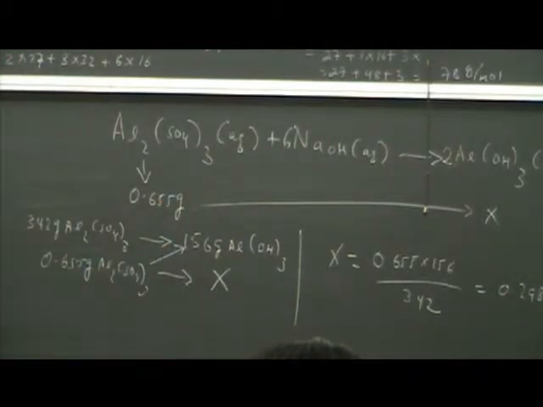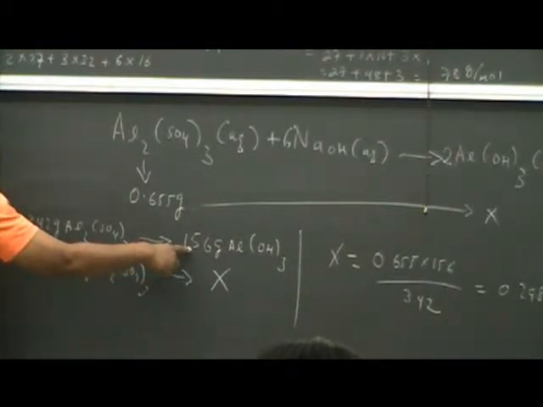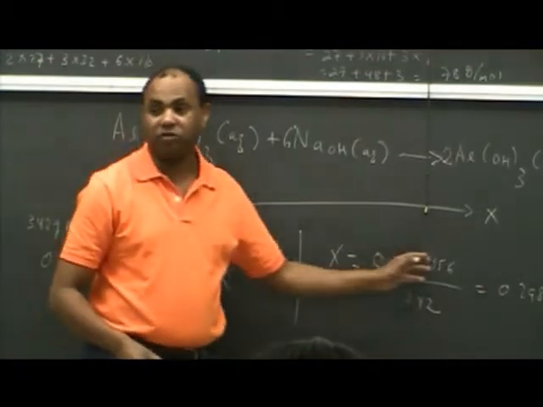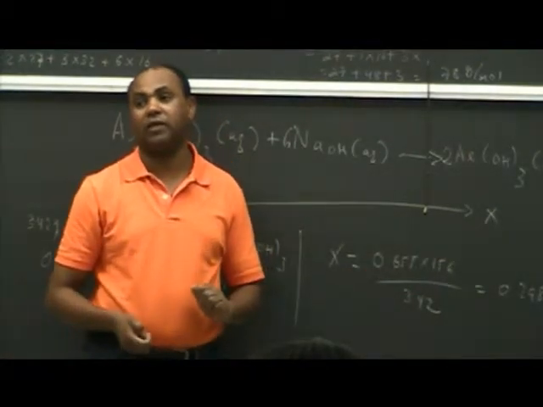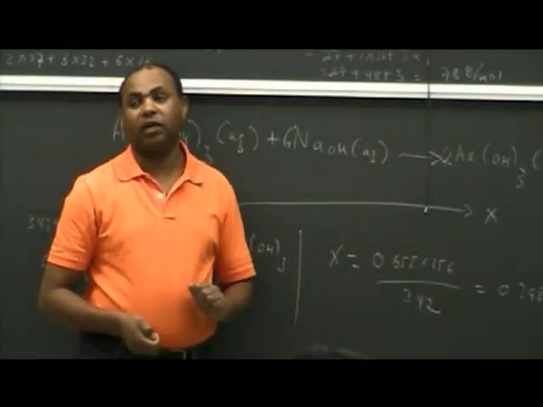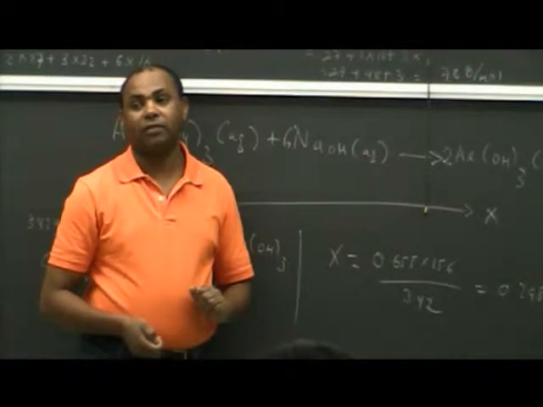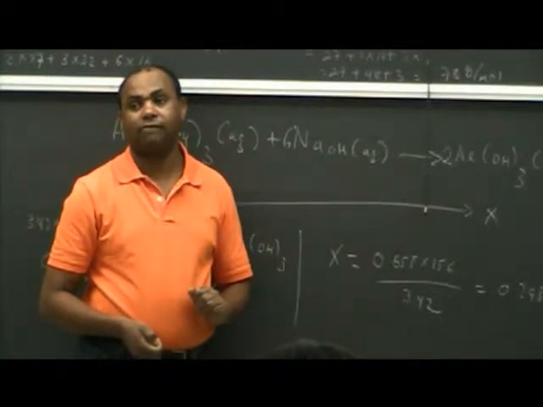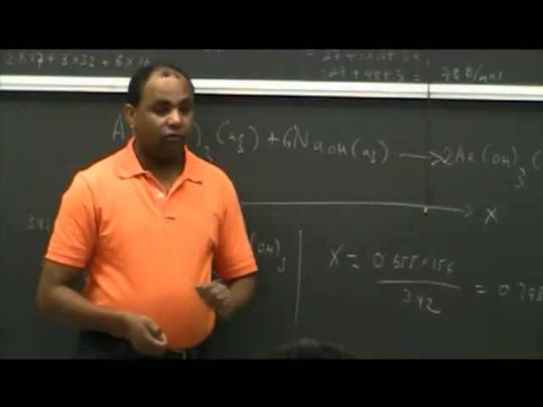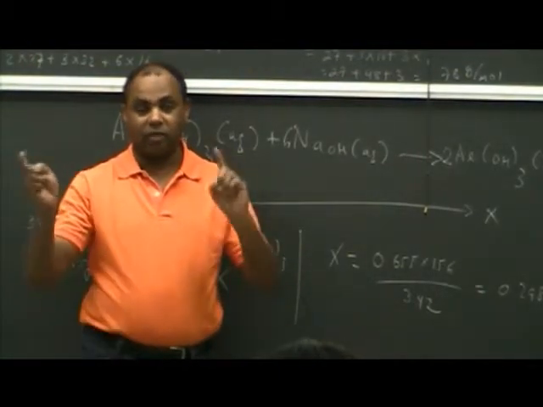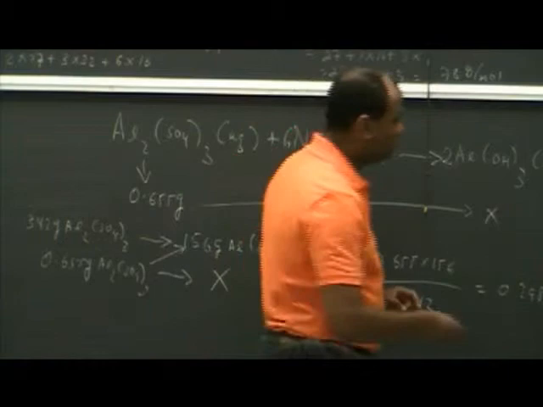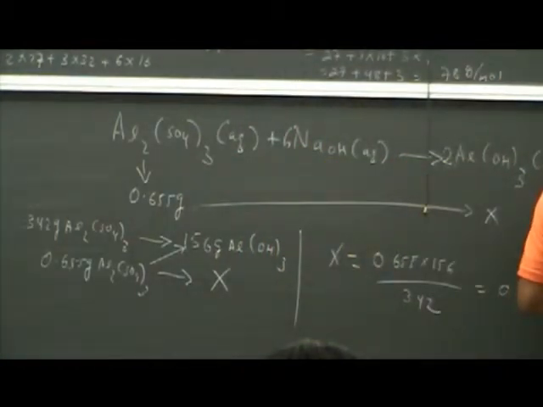The mass part. Okay, the mass part, we multiply to get x, right? We multiply 0.655 by 156. If you multiply 0.655 by 156, what do you get? The numerator part. I got 102.18. 102.18.